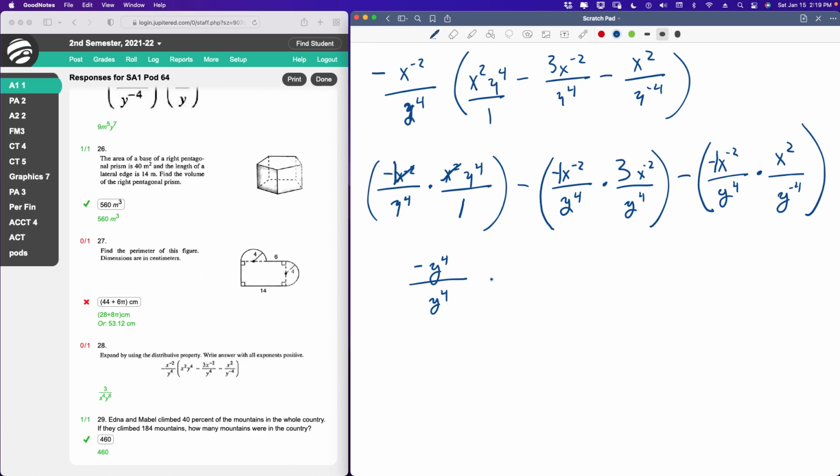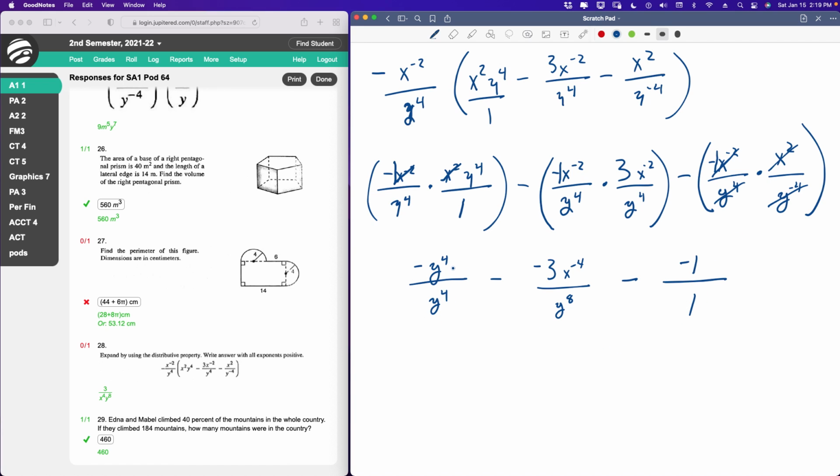Minus x negative 1 times 3. It's going to be a negative 3. And that's going to be x to the negative 4 over y to the 8, minus, we have a negative 1, x to the negative 2, x to the positive 2, those two cancel. So we have a negative 1 over y to the 4, y to the negative 4. Those cancel each other out, so that's going to be a 1 right there.